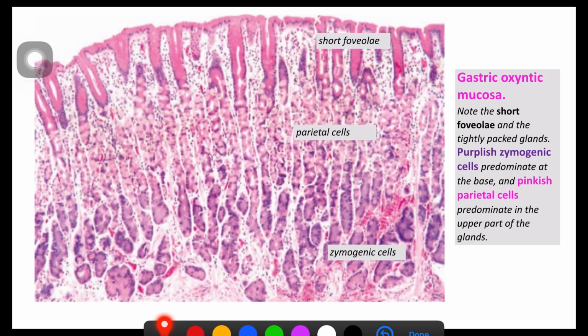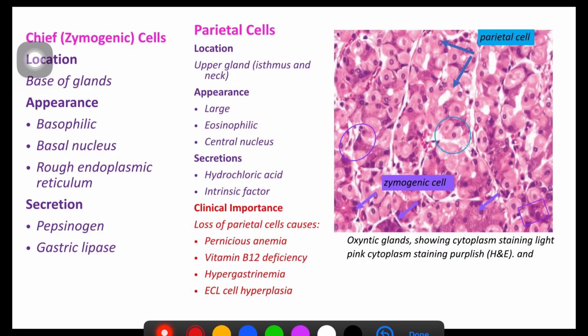So here you can identify these are the foveola, which is short, and these are straight long glands. And here also in glands you can identify two types of cells. One is darkly stained, one is lightly stained. These lightly stained are parietal cells, pink in color, whereas zymogenic or chief cells have purplish, dark purple staining.